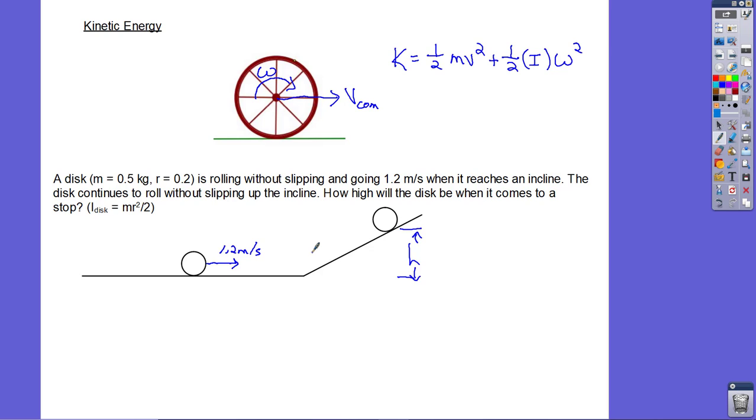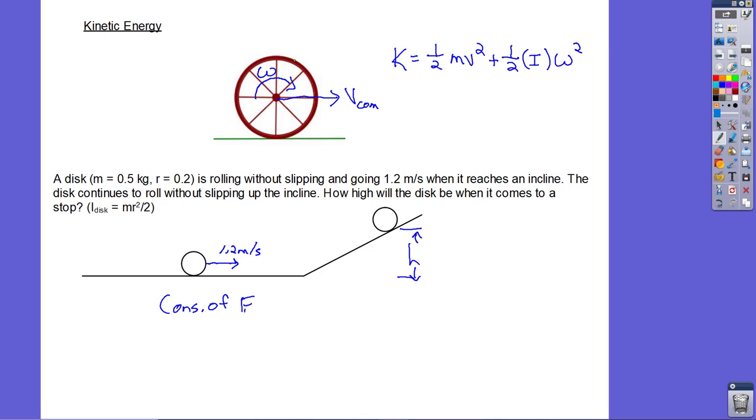But what students will look at and often forget is that they'll go, oh, we have the 1.2 meters per second, but they forget the rotational part as well. So if you're using conservation of energy on the AP test, you should always tell them what you're using.